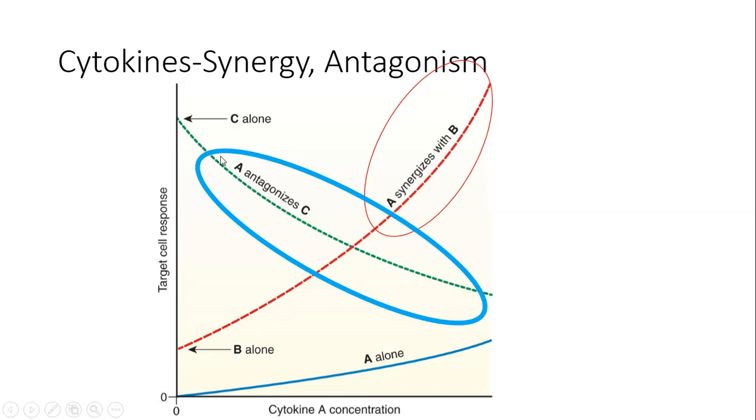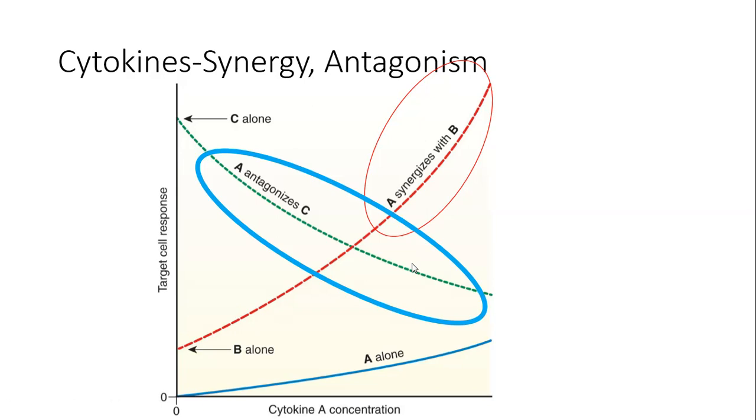When we start to develop some increase in concentrations of cytokine A, they antagonize C, and the action of C on the target cell diminishes in proportion with the production of A. So this is really just showing you the synergy when A and B work together and the antagonism when A and C work together. Whether you like this or not, I don't know.